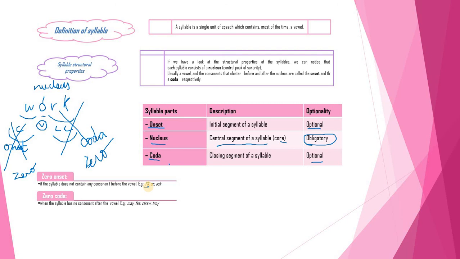For example, I'll, together, on. The word on has a zero onset. There is nothing, so there is a zero onset. We have here Troy. Here we have tro, where we have an onset, but we don't have a coda, so we call it a zero coda. Okay, so that's all about the syllable.